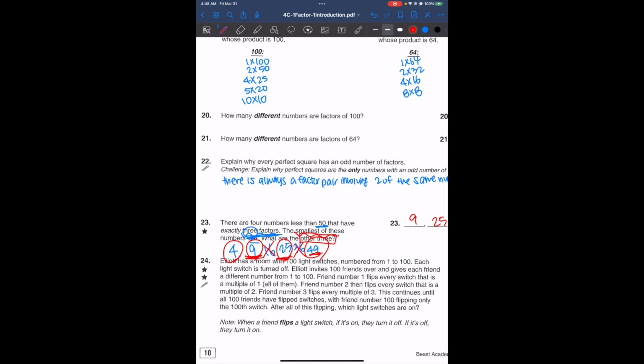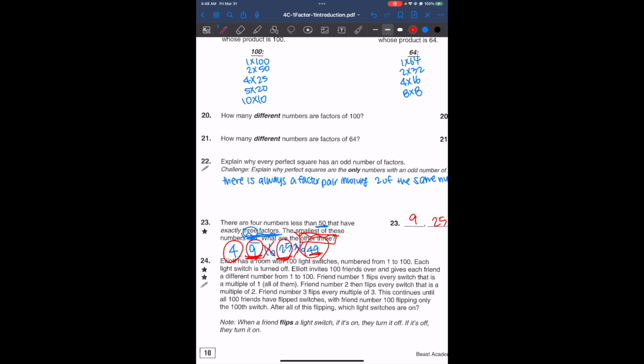And so we're going to figure out whether a switch ends up off or on by knowing about the switch's number of factors. So after all the flipping, which light switches are on? So only the switches numbered with perfect squares have an odd number of factors.